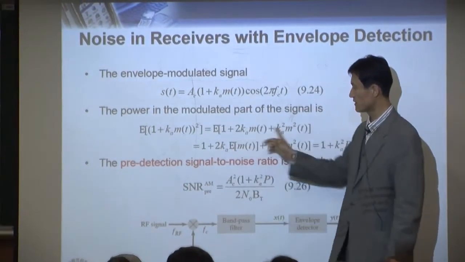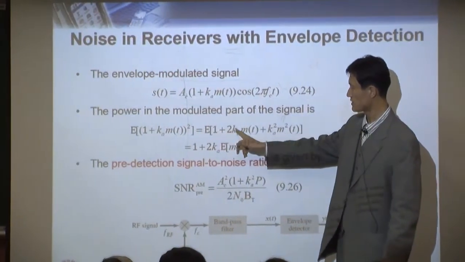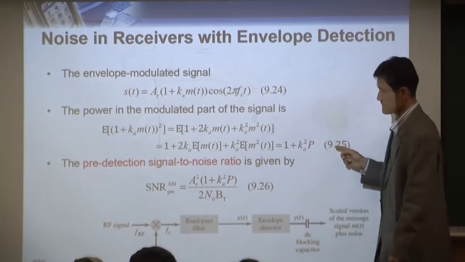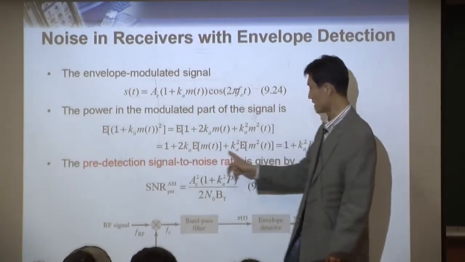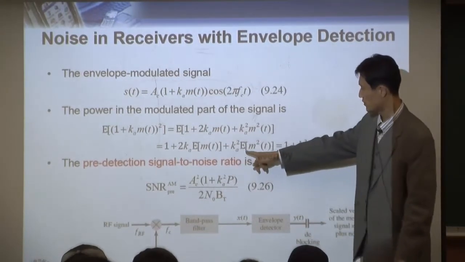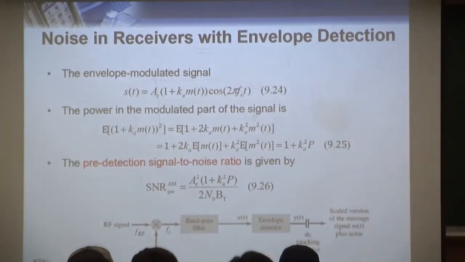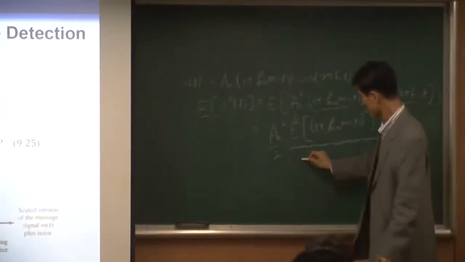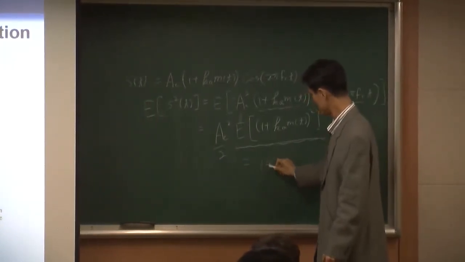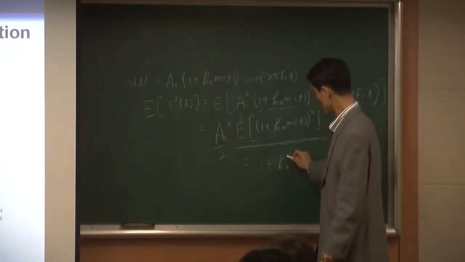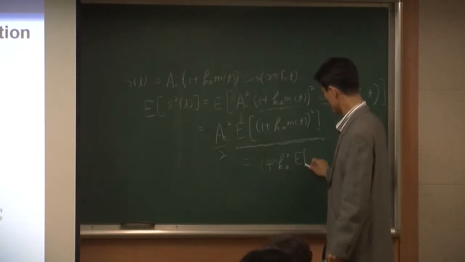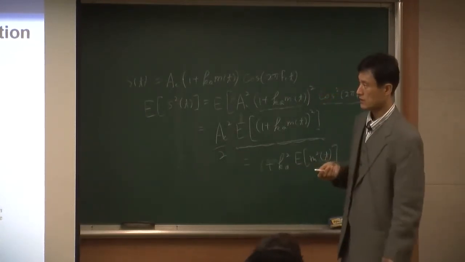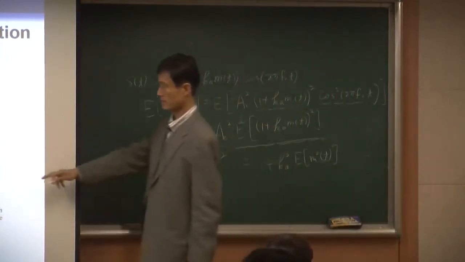So we can expand that, a squared plus 2ab plus b squared, something like that. And then again, we calculate like that. Then eventually, we know that this part is going to be the same as 1 plus ka squared, the expectation of m squared(t). Eventually, that's going to be the output.